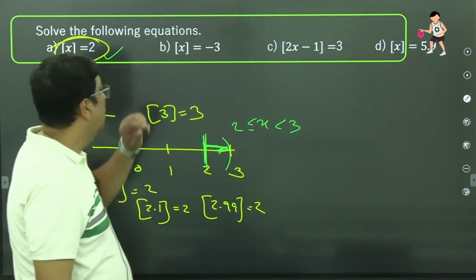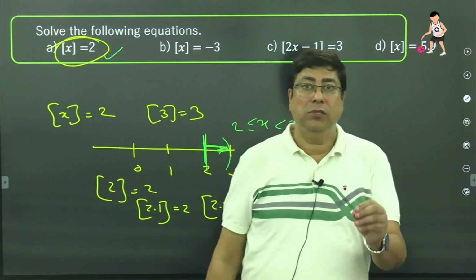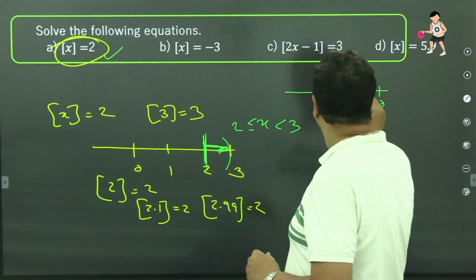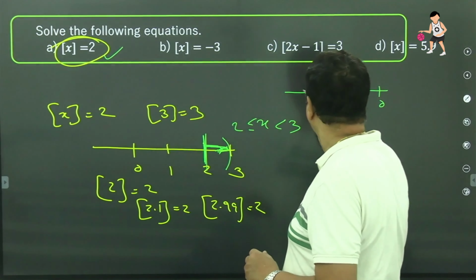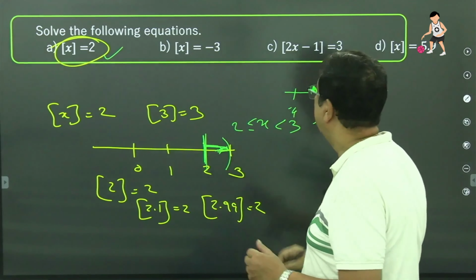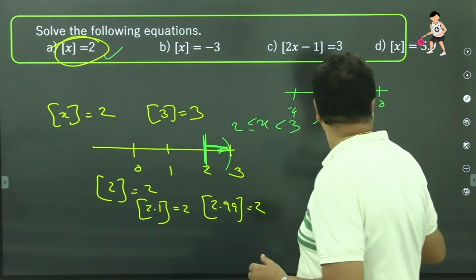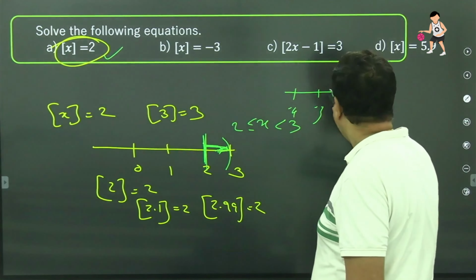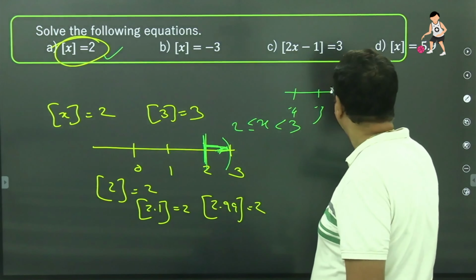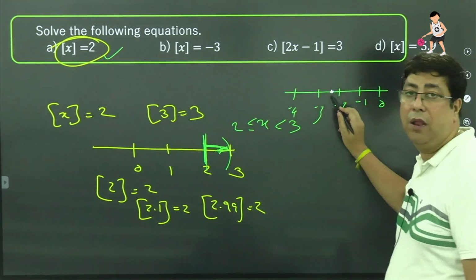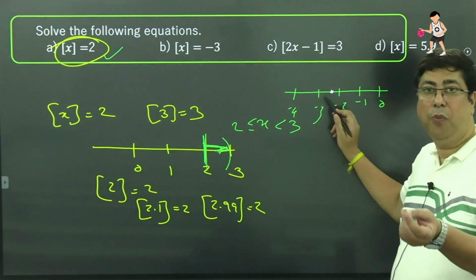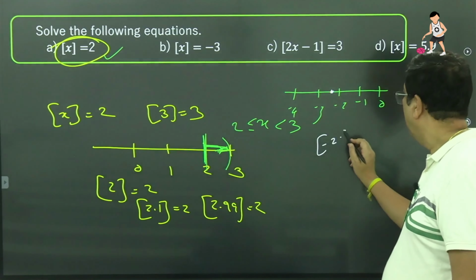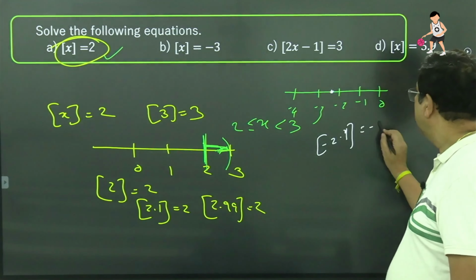Okay, now if we are given second box x equal to minus 3, what to do? So once again, that is 0, minus 1, minus 2, minus 3. We have to write values around it. So box x equal to minus 3. Suppose if we take minus 2.1 or minus 2.2, the box of minus 2.1 equal to minus 3.